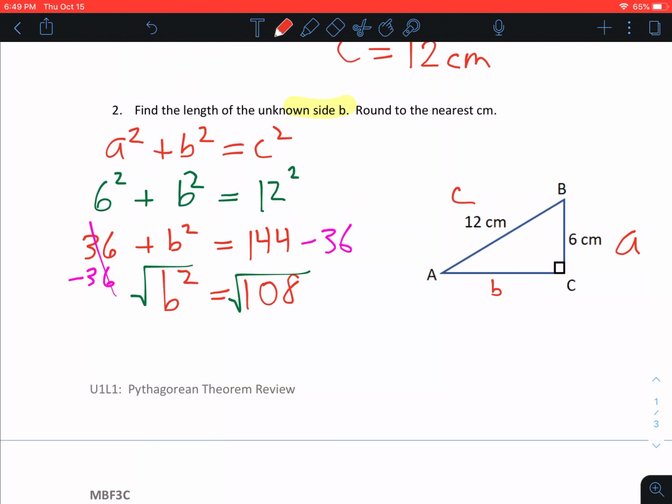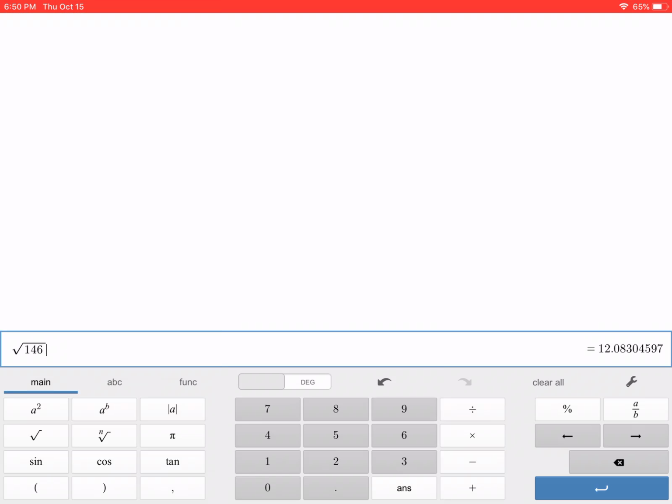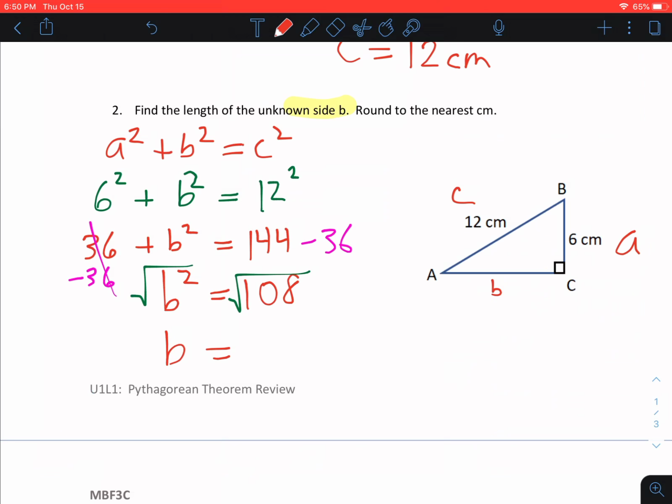So when I take the square root of B squared, I'll get B. And if I go to my scientific calculator here and take the square root of 108, I get about 10.4. So B is going to equal 10.4. And the question asked us to round to the nearest centimeter. So I'm going to write as my final answer B equals 10 centimeters.